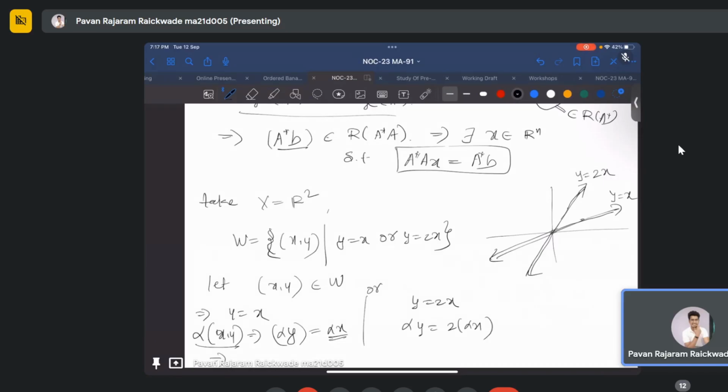So alpha times (x, y) again belongs to W. Here also alpha times (x, y) again belongs to W. So scalar multiplication always holds, but you can give an element (1, 1), which is here, and (1, 2), which is here. What is the addition? It is (2, 3). This element is on neither line, it is somewhere here, because the y coordinate is neither the same nor twice. Do you get an example here? Yes, sir. Got it, sir.